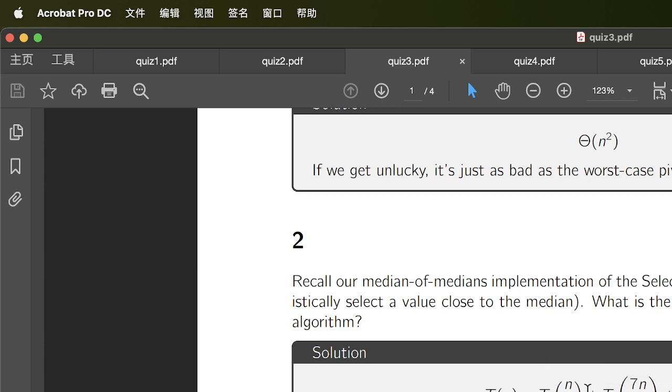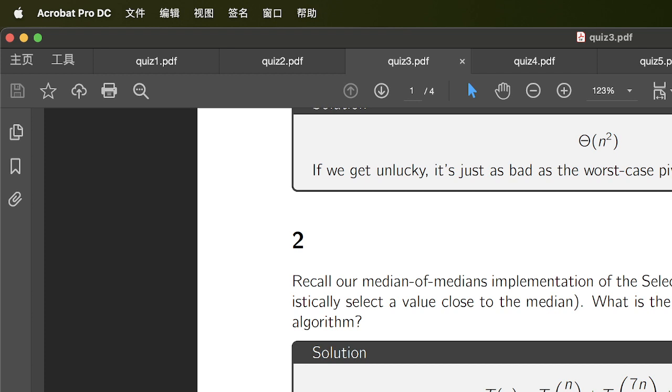And this part, T of 7n over 10, comes from an upper bound, because we have already proved this in our class: the median of medians will make the array smaller by at least 30%. So finally we get 7n over 10 left.